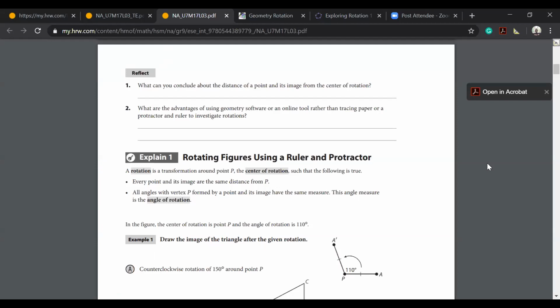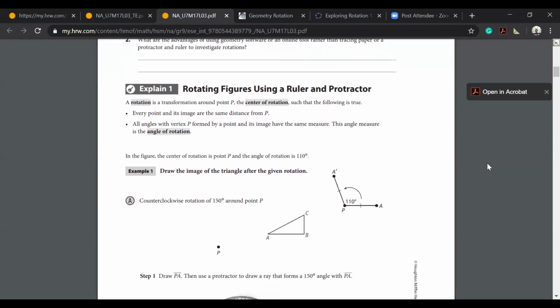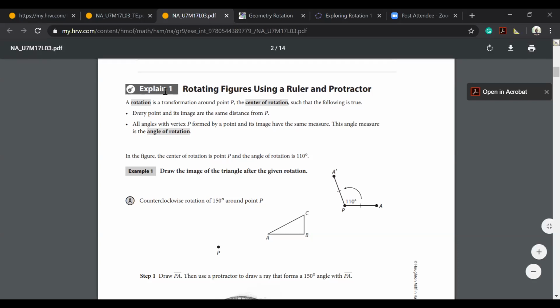Okay, you remember when we were taking translation and reflection, and I told you that each time to do reflection or translation, we did it in 2 ways. The first way was using the ruler, the geometry way. The second way was using the rules and the coordinate notation way, right? The same thing is happening in rotation. The first way, which is explain 1, will be using the geometry way. Rotating figures using a ruler and a protractor.